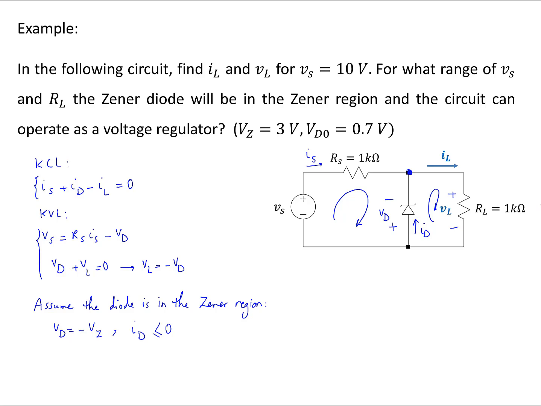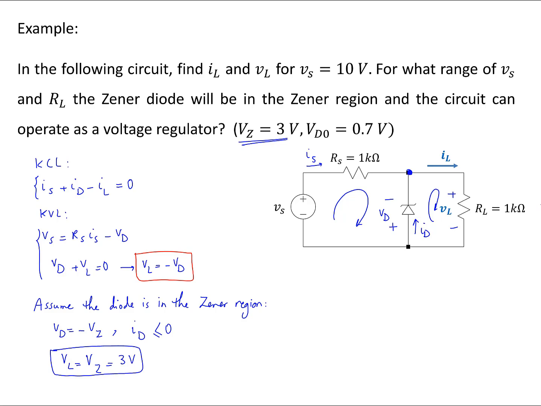If VD is a constant value equal to negative VZ, then I know the value of VL here. Because I already found out that VL is equal to negative VD, from there I can write VL equals VZ. And in this circuit, for this diode, VZ is given as 3 volts. So voltage across the load is equal to 3 volts.